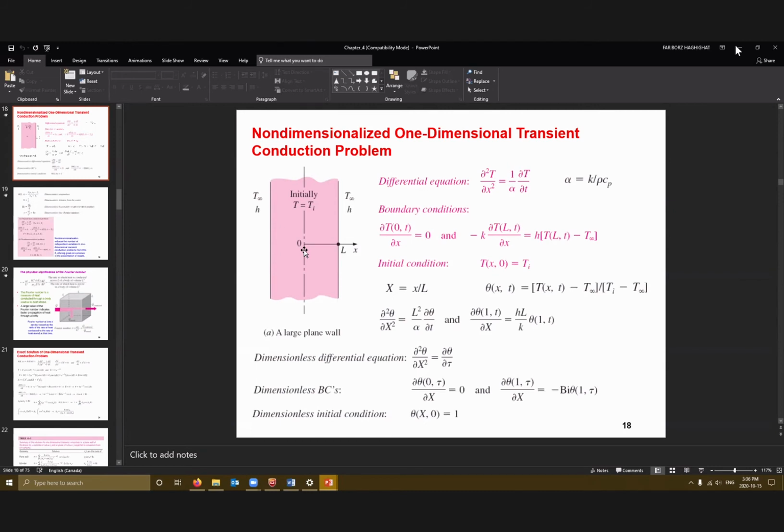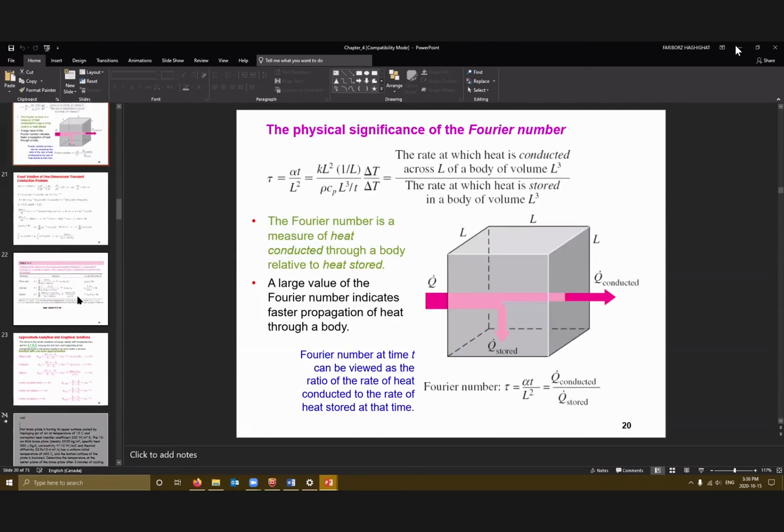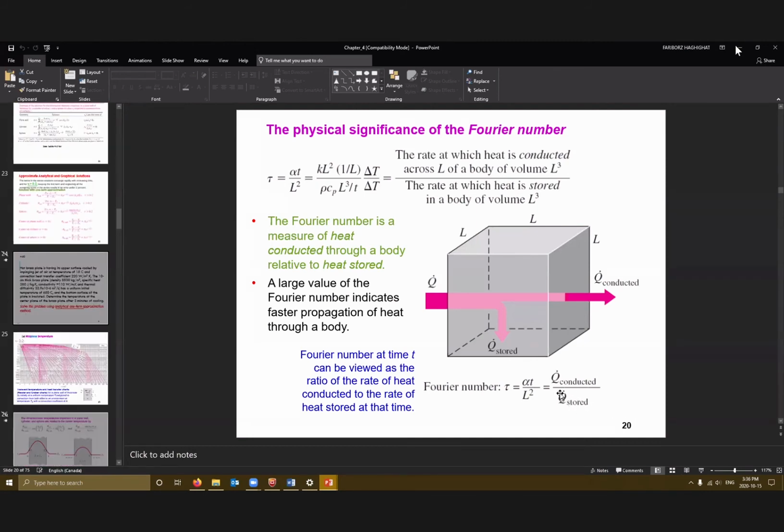Based on this boundary condition, we were able to solve this problem, and the answer we found is represented by this figure right here. Again, this is for a plate that we assume is symmetric.